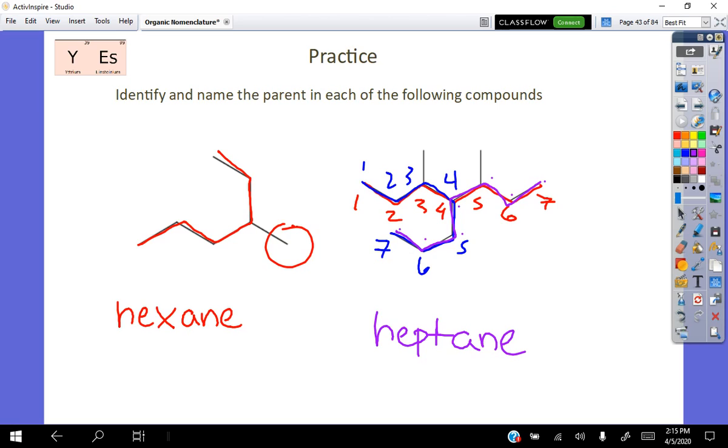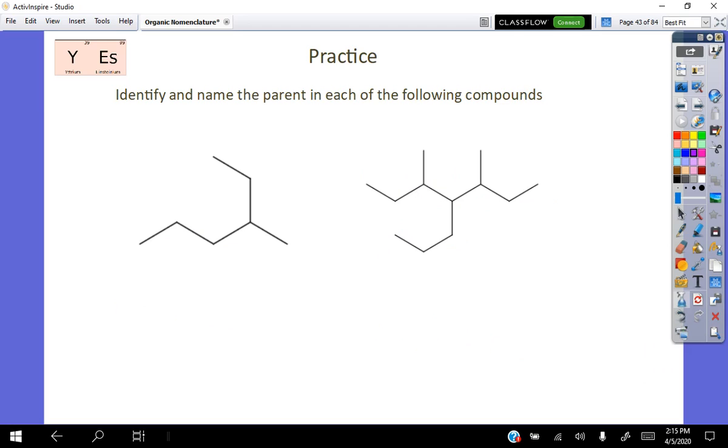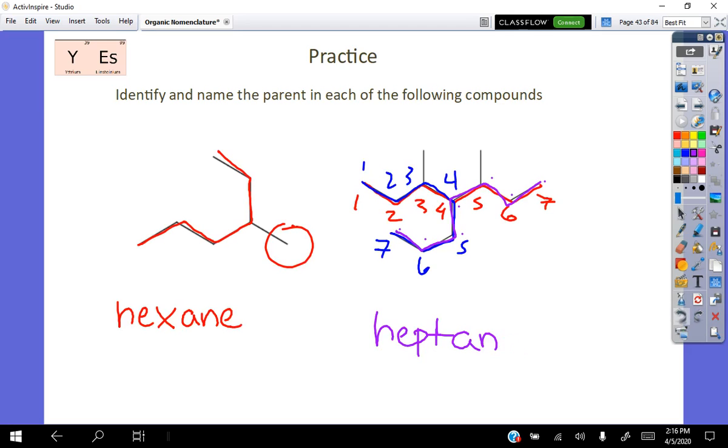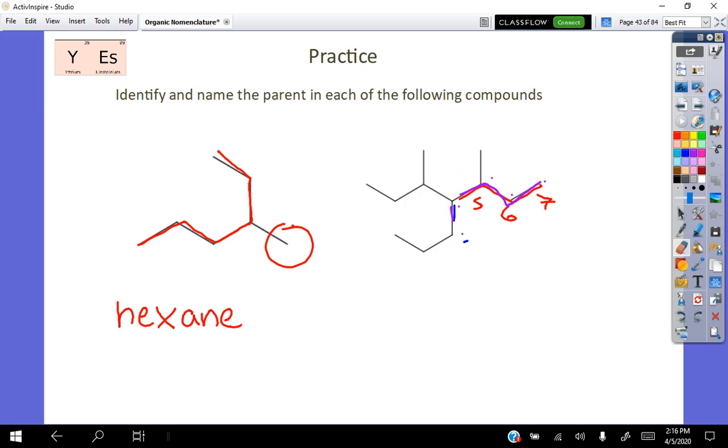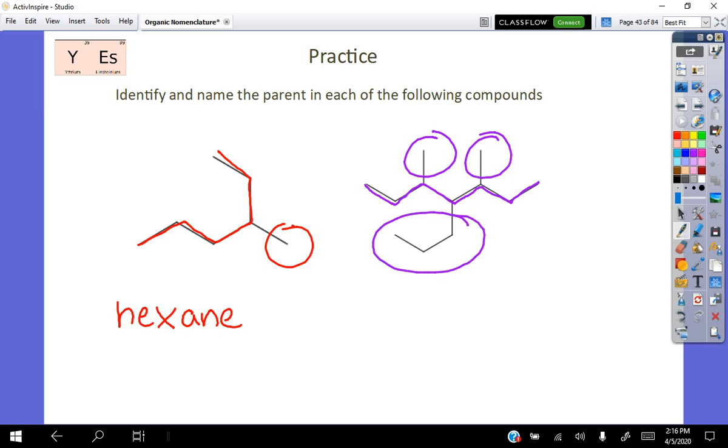What we need to figure out is which of these 3 possible 7-carbon chains is the best. Remember the rule for our 7-carbon chain. Apologies, I'll just erase some things instead of clearing the whole board. The rule for figuring out our best parent chain is to have the most substituents or the most branches on the parent chain. If I go through this chain down the center, I've got 1, 2, 3 branches.